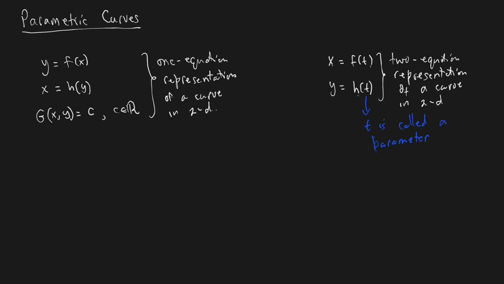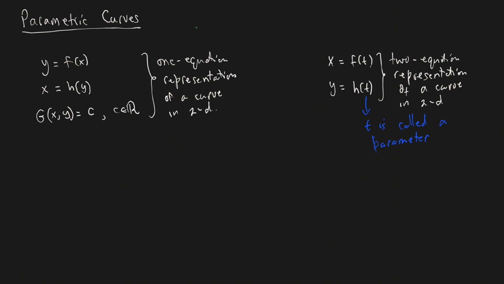And then when I plug the t value in the second equation here, the h equation, I'll get the y coordinate. And I can still then plot that ordered pair x comma y in 2 dimensions. So all together now, this pair of equations is what we call the parametric equations for this curve, right?